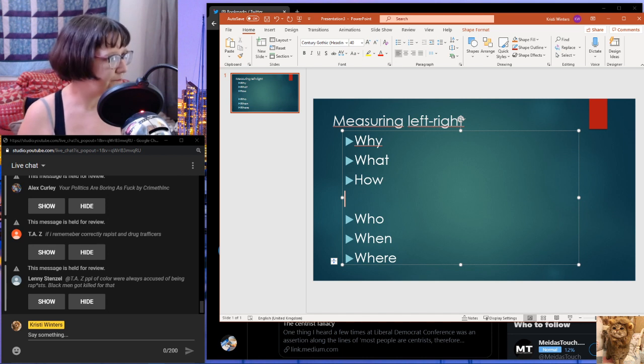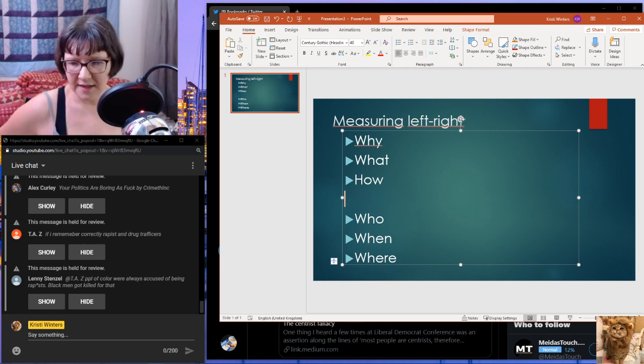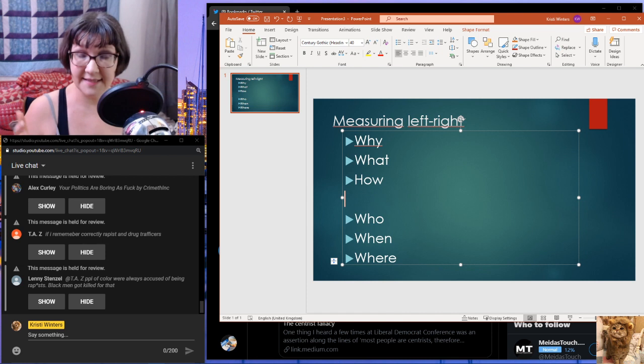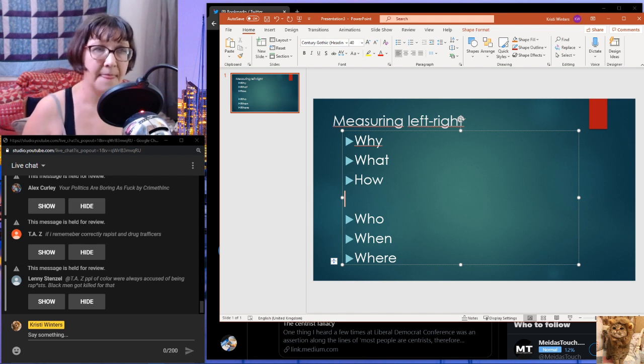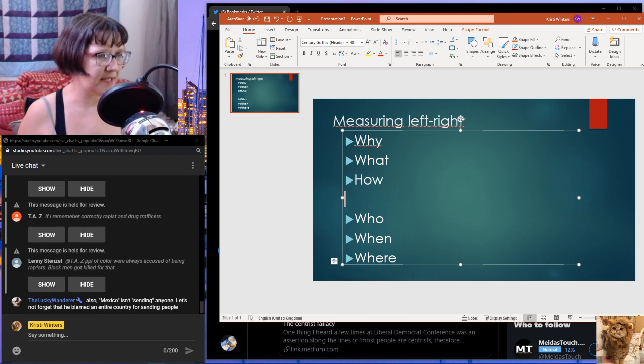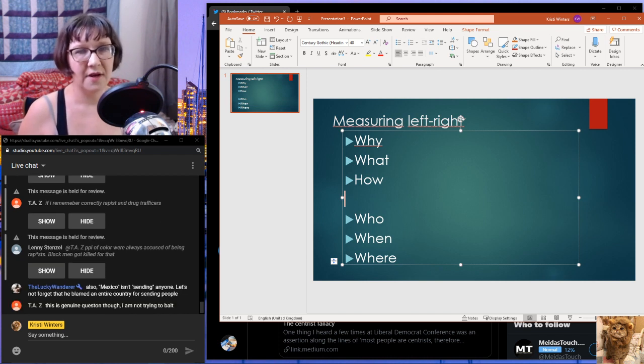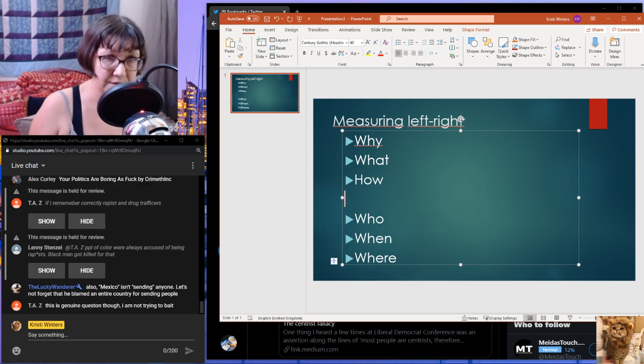When we ask, this gets back to the point I think somebody else was making, that pre-Brexit, in the 1970s, when we talked about left-right in the UK, it was really talking about the extent to which you were for unions and for the Labour Party and for a greater role in government.